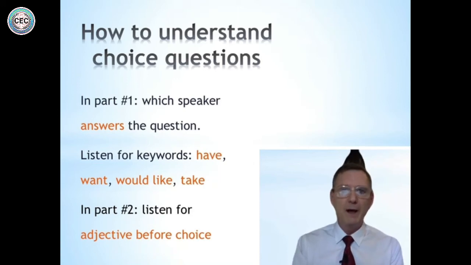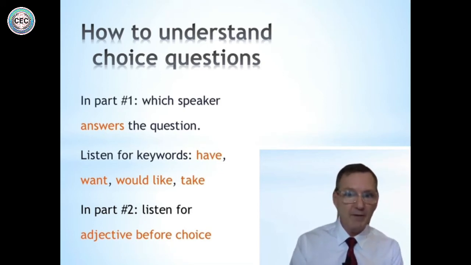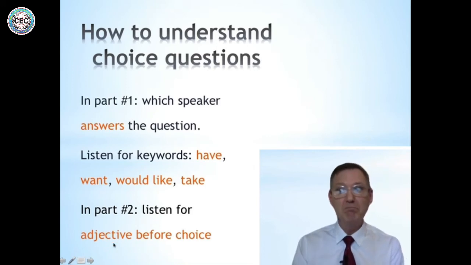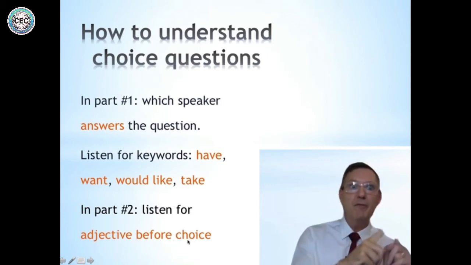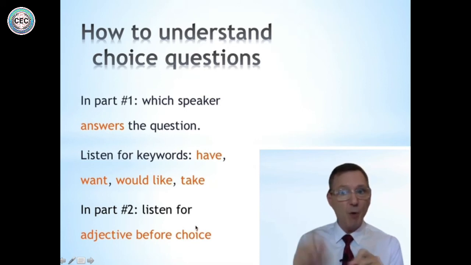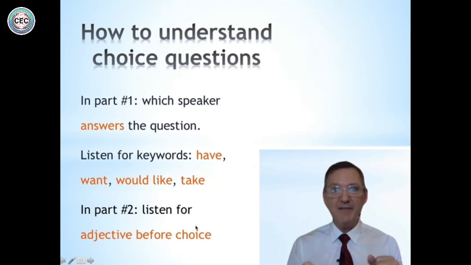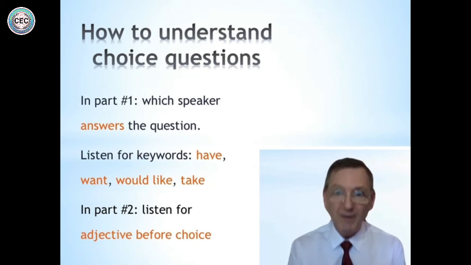They'll give you the choices before that. It's the adjective that will give it away. Like, I will take the 4-door car, offering you the answer to the choice question. These are tricky, but remember, read the question before you listen and identify, and then you know.